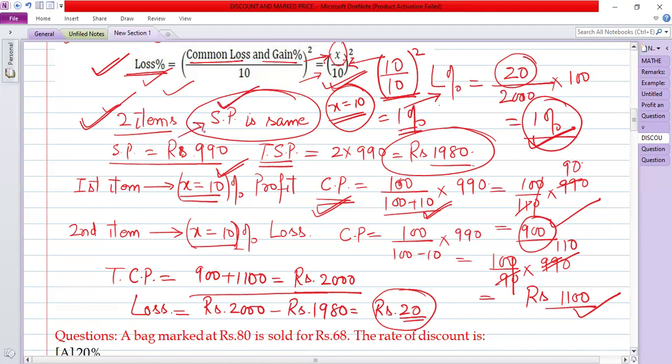This whole concept is based upon this: if the selling price is same, and one item is sold at say X% profit, another at X% loss, then in the whole transaction, first of all, the person will have a loss, and moreover, the loss percent will be given by X by 10 whole square.